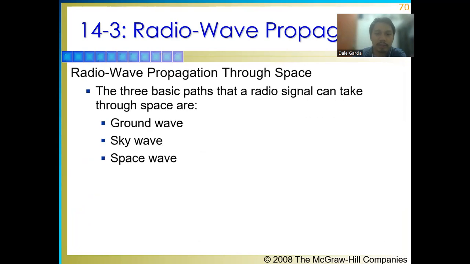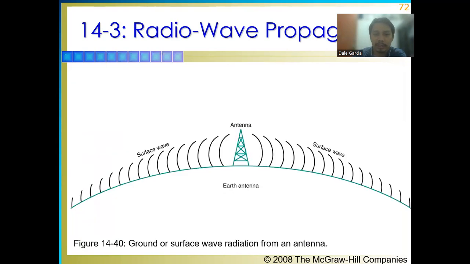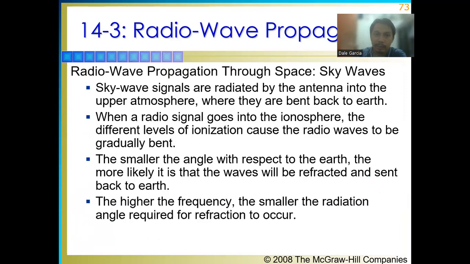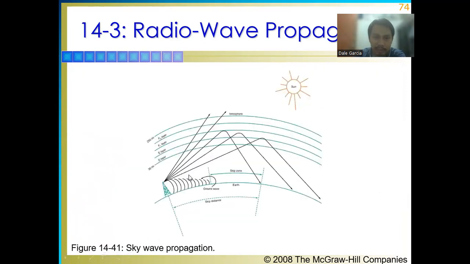So that's for ground waves. For the sky wave, the antenna is bent upward so that the signal travels into the sky.